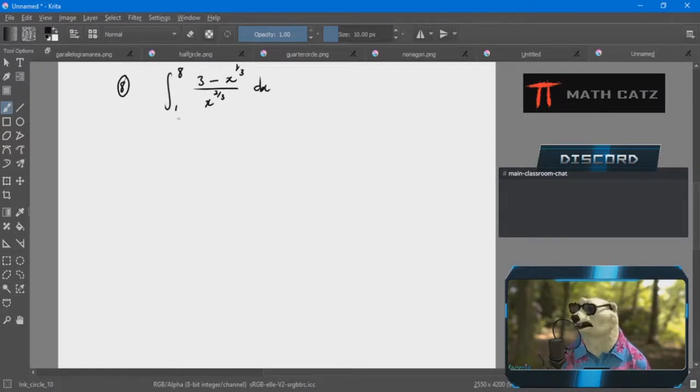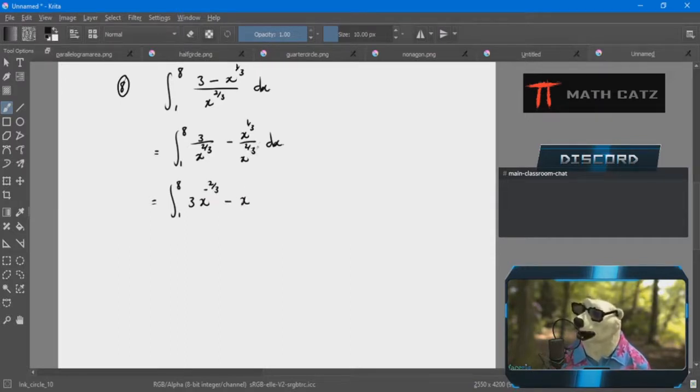And there's no reverse quotient rule for us, so I need to just rewrite this so that I can see how to reverse engineer this guy. So it'll be 3 over x to the 2/3 minus x to the 1/3 over x to the 2/3. And then I will simplify each of those terms to 3x to the negative 2/3 minus x to the 1/3 minus 2/3, which is negative 1/3.